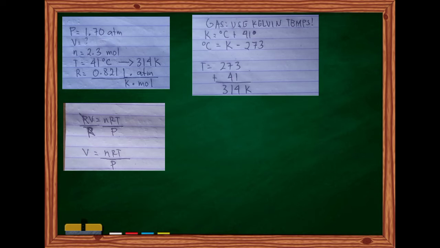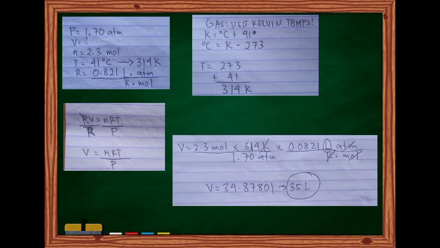We know we're solving for V, so let's go ahead and rearrange the equation. All we're going to do is divide both sides by P. We cancel P up here and P down there, so we're left with V equals nRT over P. Now we take these variables and plug them in.